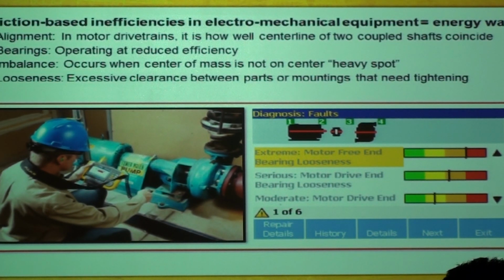Imbalance occurs when you have a heavy spot around the shaft. And looseness is either looseness between the foundation and the motor housing, or within the motor, within the bearings, we call it rotating looseness as well. So the Fluke vibration tester is very useful for mechanical devices because it tells you the problem on the spot.